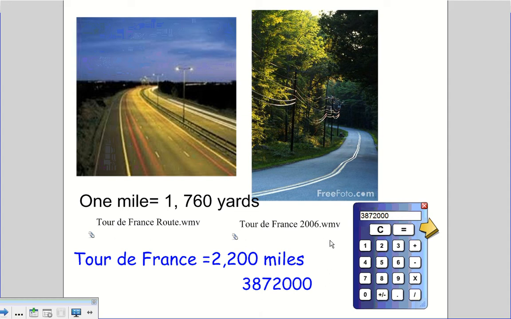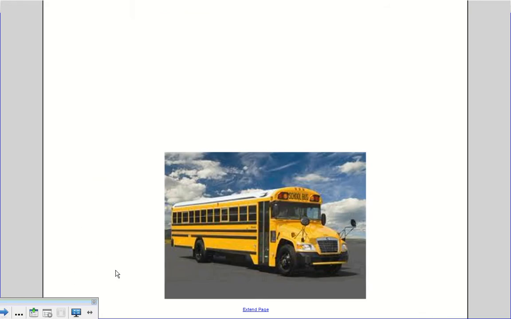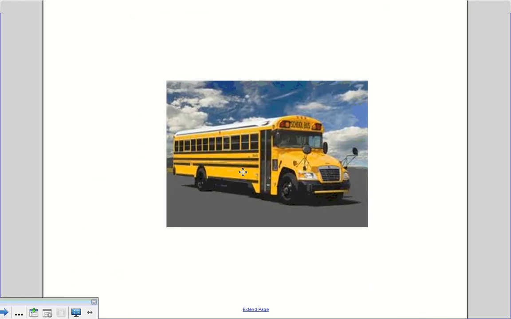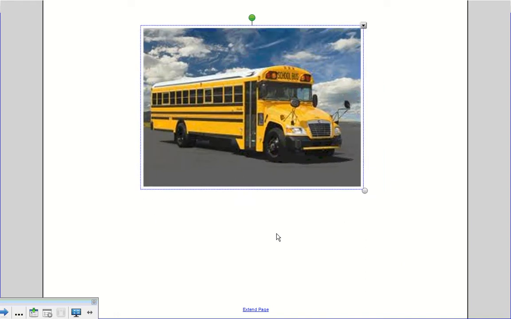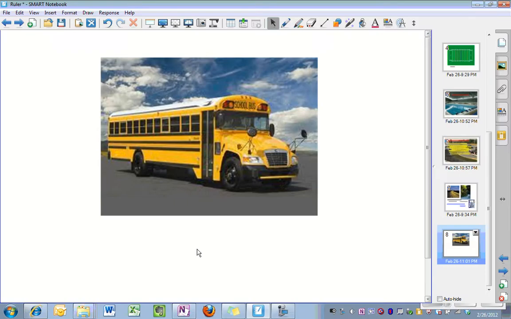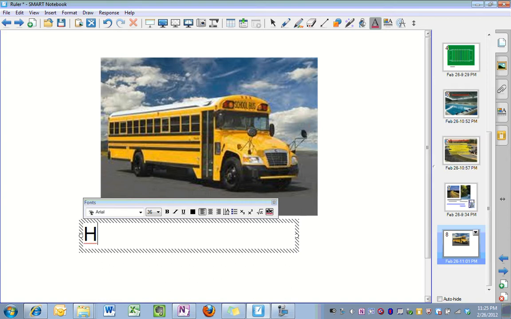As far as estimating, which was our objective today, I want you to think about this picture of this bus right here. And now that you've seen sort of the difference between an inch and a mile and a yard and all of those things, I want you to estimate for me how long you think this bus is.